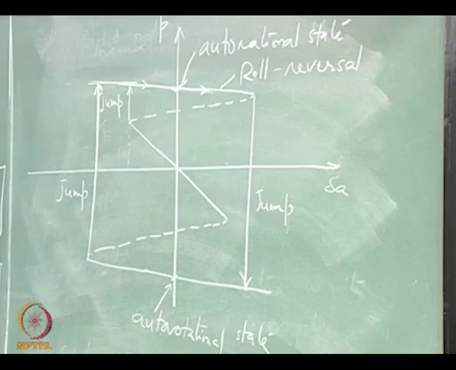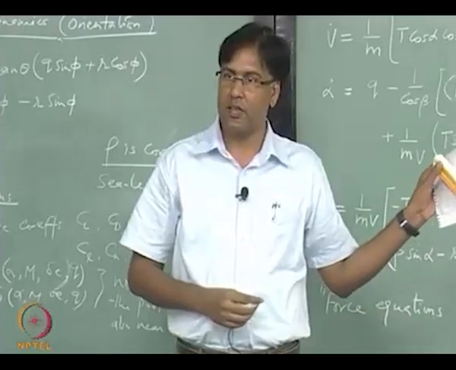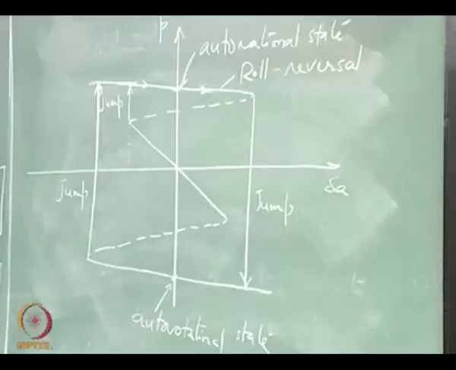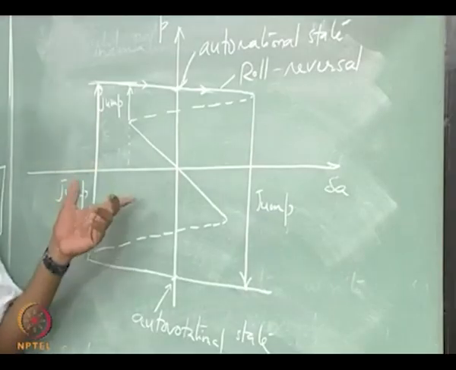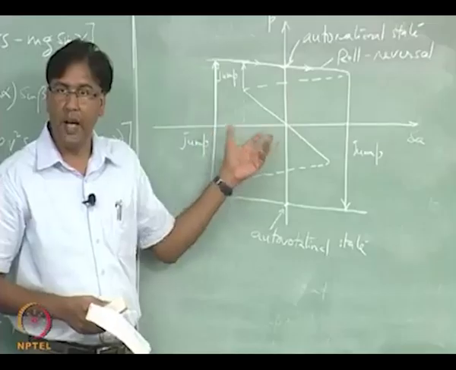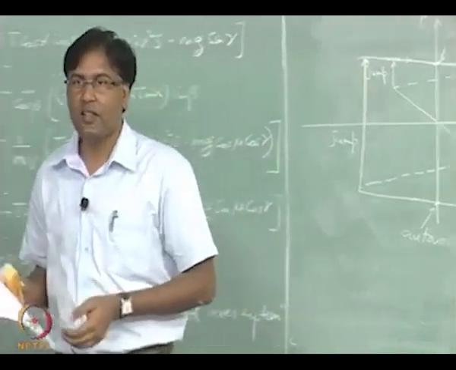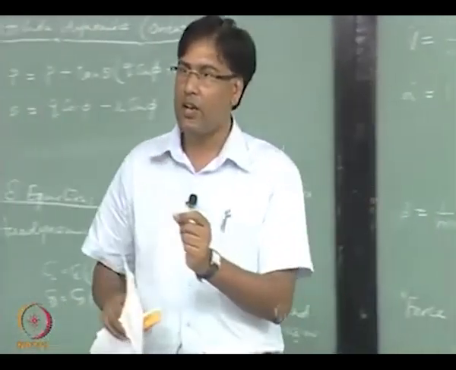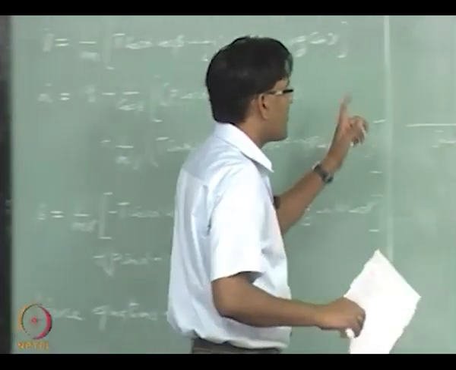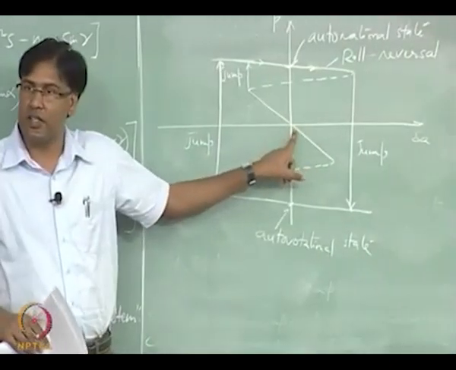So what is happening here? There is a hysteresis, right. So you are never going to be able to come back to 0 roll rate unless you do something else, right. So with only aileron it is not possible to bring back your aircraft to this starting condition.